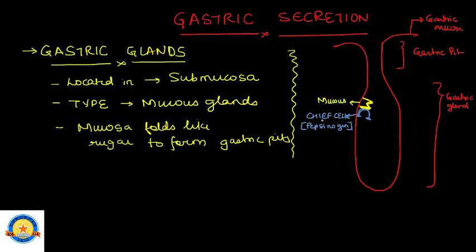It is also called the zymogen cell. So this is the chief cell. The first one was the mucous cell, which secretes mucus. The second one is the chief cell, which secretes pepsinogen. Is it clear? Hello guys, is it clear?